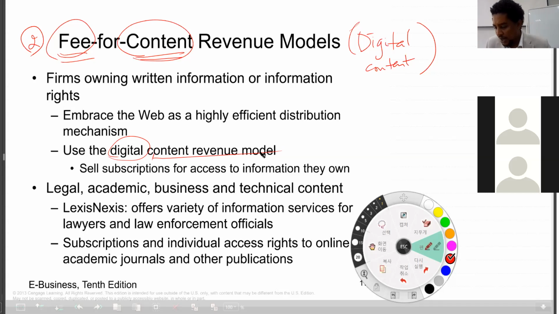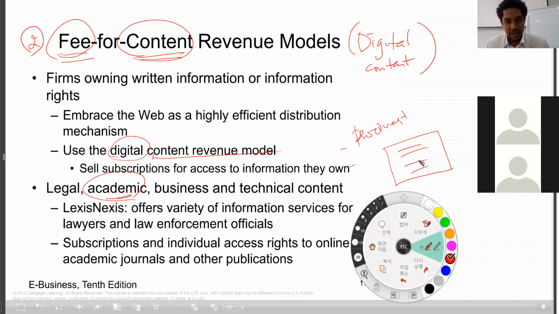Legal, academic, business, and technical content could be easily provided by this type of business, especially academic. For example, research. Do you know ProQuest or other web businesses? For academic purposes, it is very easy, right? There are so many research papers stored on these databases.